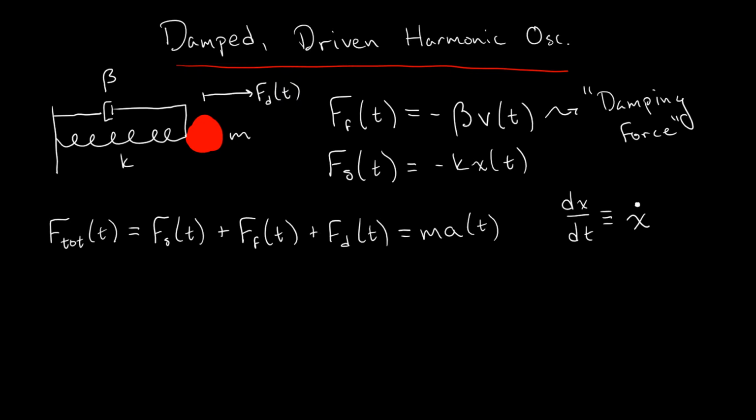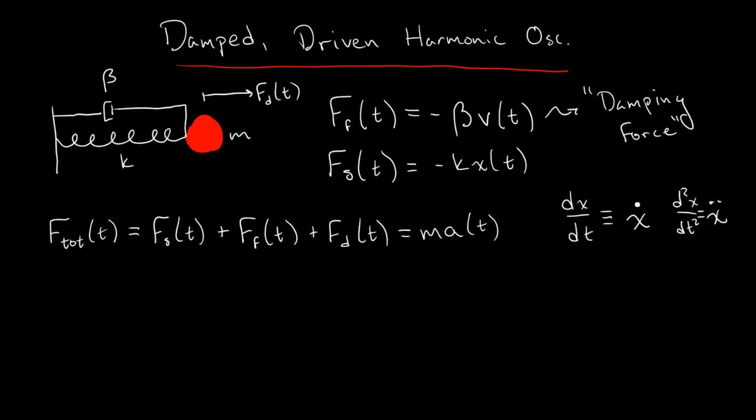So if I'm taking the time derivative of x, I'm going to say it's x dot. If I have d2x, if I'm taking a second derivative, this will be x double dot, and so on. It just makes things a lot cleaner to look at. Hopefully that doesn't create any confusion or anything.